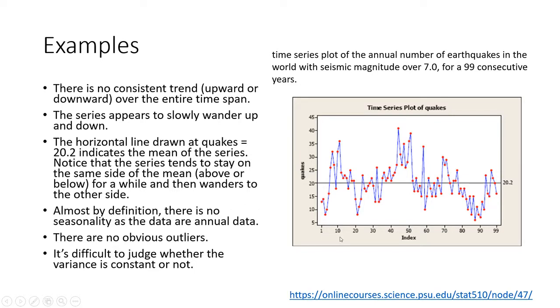And this data is annual data for 99 years. So we don't have data for month or week. So, we can't say anything about seasonality. There are no obvious outliers, but it's difficult to see whether the variance is constant or not. So this is earthquake data over the 99 years period.